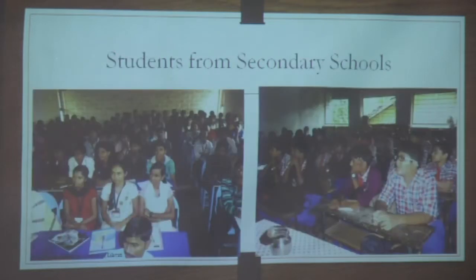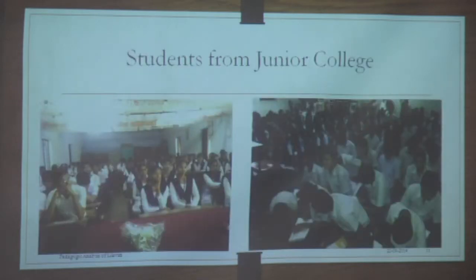You can see this is the class. These are students from secondary school. One is a group from Kolhapur, another is a group from Solapur in Maharashtra itself. Let me also show you, this is the junior college group, the little older students who are carefully listening and doing the problem.